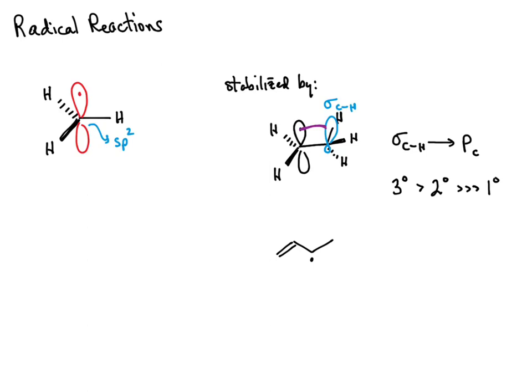If we can take this radical and draw a set of arrows with single-headed arrows to give us a new radical in which that unpaired electron has moved over to the left-hand side. All right, and so this is an example where this particular radical is highly stabilized across the pi system.